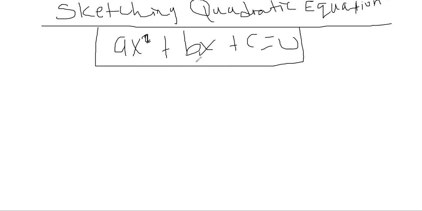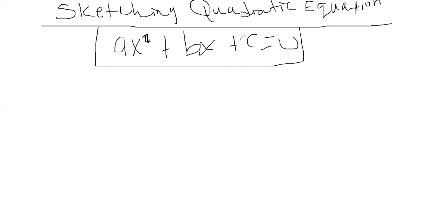This is a general form. We will look at a specific example where a, b, and c are replaced by numbers. But before we go to a specific example, it's always good to look at the general form of any topic or equation you are dealing with.